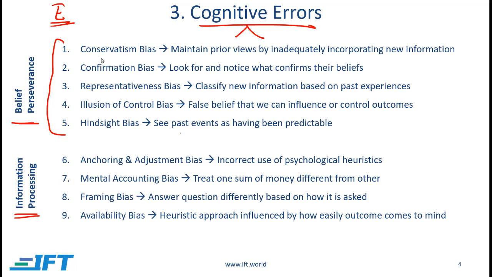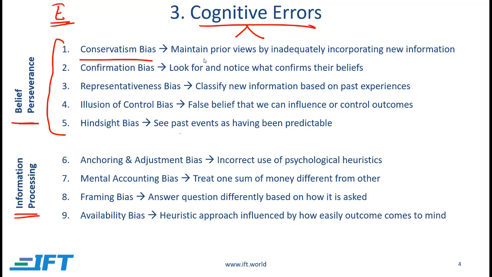So here we have 5 different biases, and I'm going to simply summarize these biases so that you start remembering them. And then over the next few slides, we'll talk about each of these biases in more detail. So let's look at the 5 belief perseverance biases. First, we have the conservatism bias.